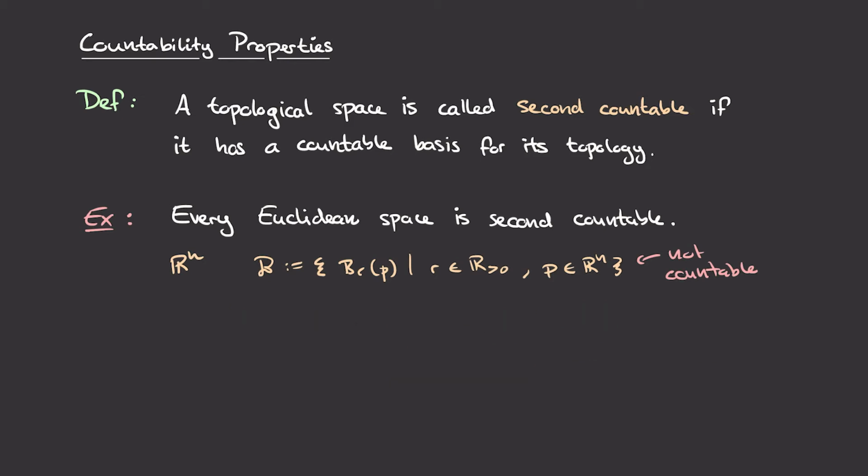The idea behind what we're going to do is we're going to use the fact that the rational numbers, which are countable, form a dense subset of the real numbers. Thus, everywhere where we have the reals appearing in this basis, we're going to replace them by the rational numbers.